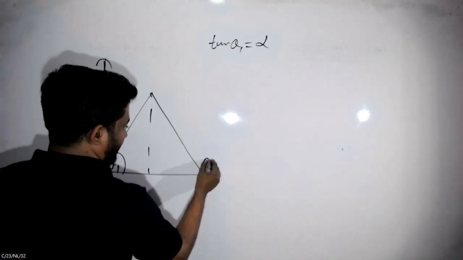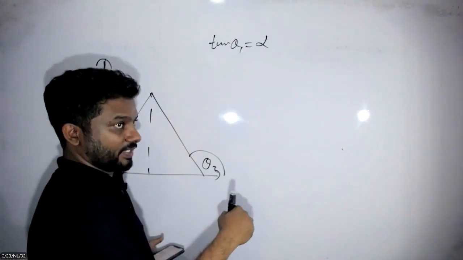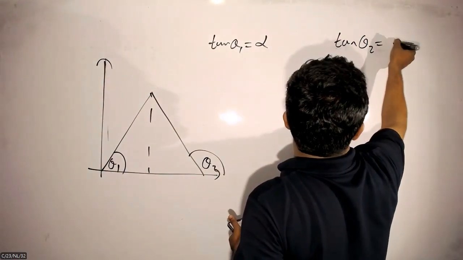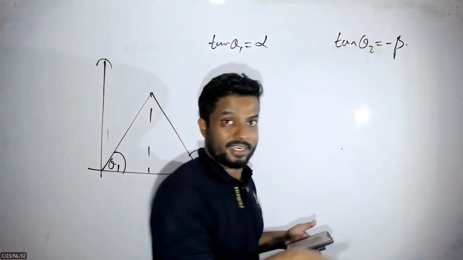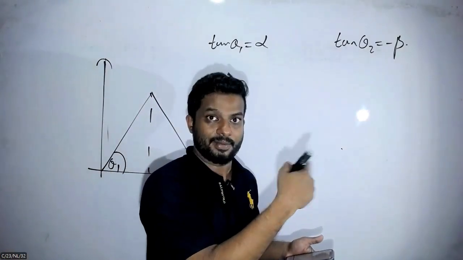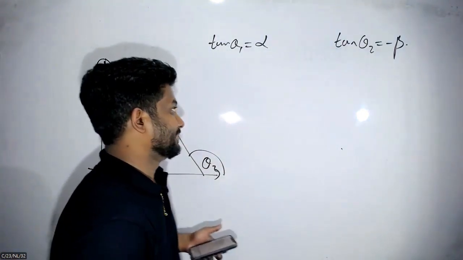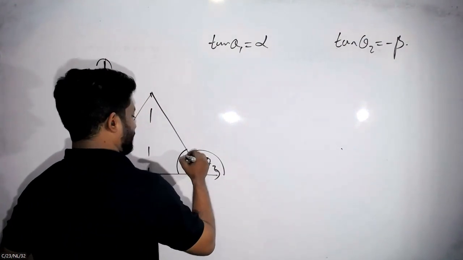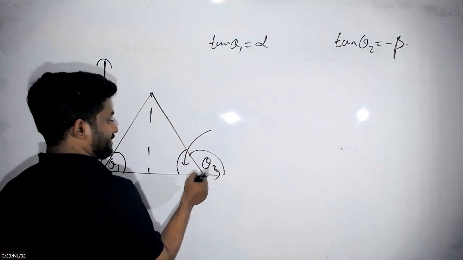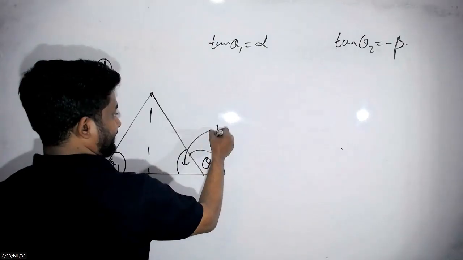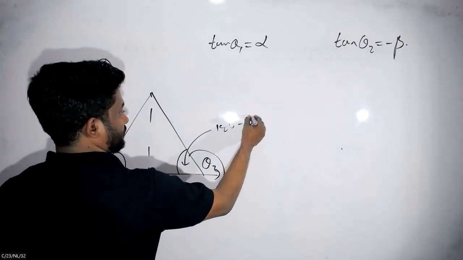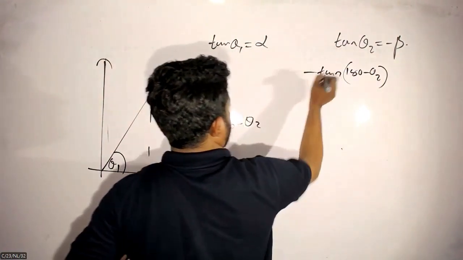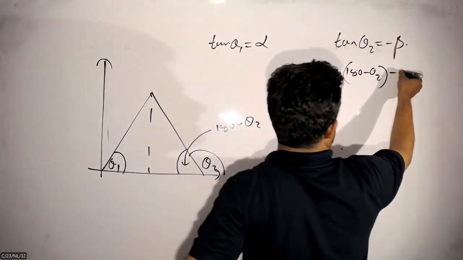If this angle is theta 2, the angle subtended by the curve with the positive direction of the x-axis, it is equal to minus beta. Why? Beta is given as deceleration. Again, deceleration, acceleration minus beta. Got it? Right? And you should remember, this angle is an obtuse angle. You need to identify the opposite and adjacent side for this angle, 180 minus theta 2. Tan 180 minus theta 2, you need to put a negative sign here. It is equal to minus beta.